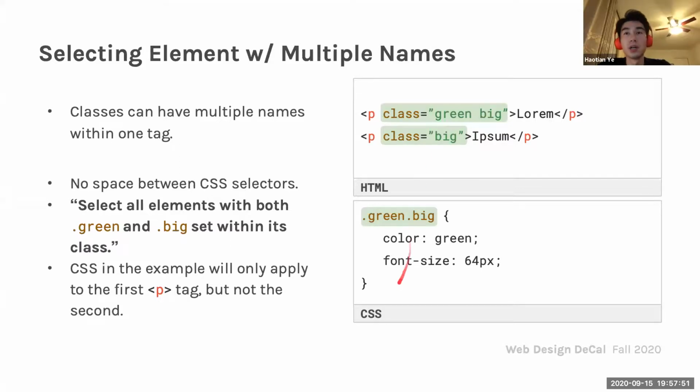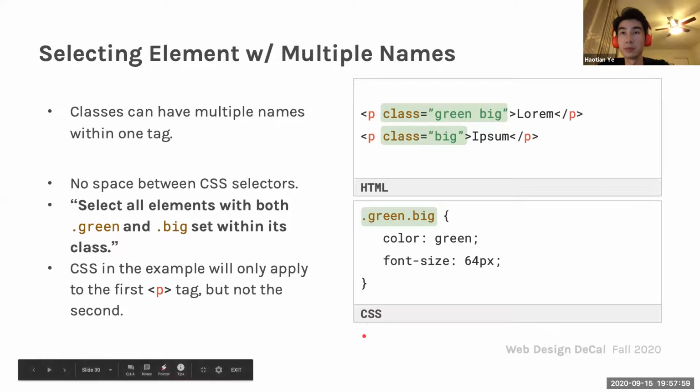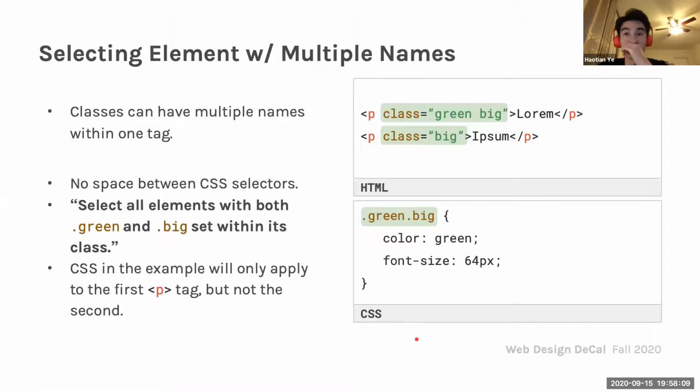Yeah, so dot green again would just select the first one and apply whatever you want in there, and then another selector, dot big, would apply the stuff to both of these. So if you have color for both of them, it would just apply whichever comes later, the latest thing.